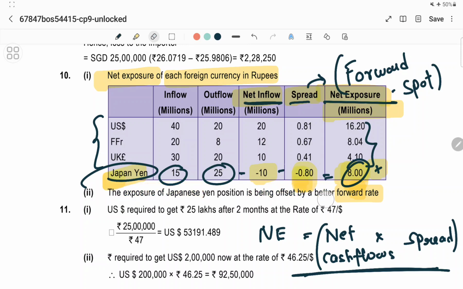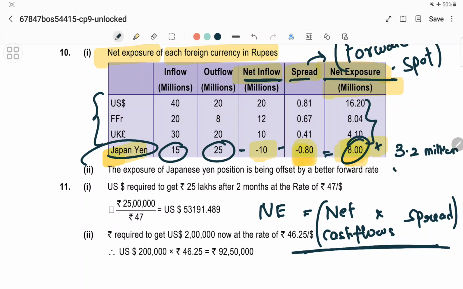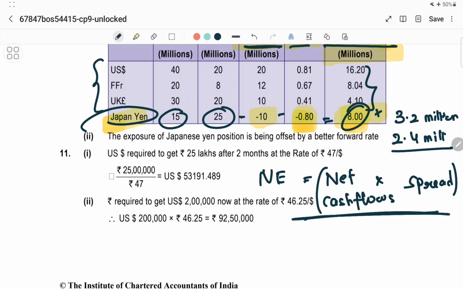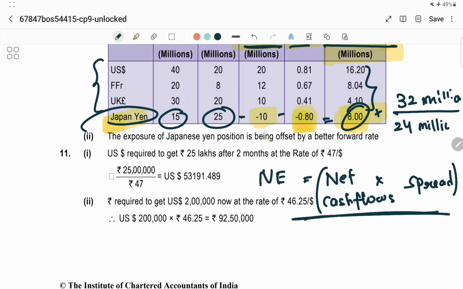What does this mean? For Japanese yen, initially you had to pay more, 3.2 for the outflow, but now you have to pay 2.4. 10 million into 3.2 gives 32 million, which is what I had recorded, and now it is 2.4 into 10 million, 24 million, the forward outflow.